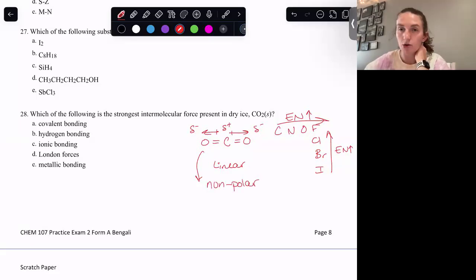So if we have a nonpolar substance, what is the intermolecular force present in that molecule? Yep. So we only have London dispersion forces, or London forces.